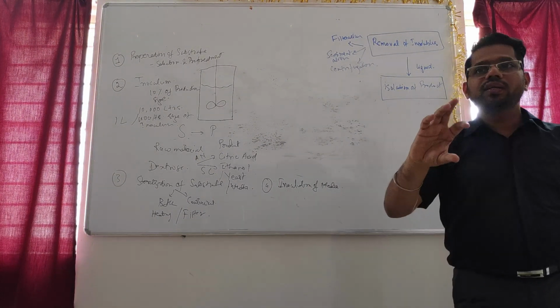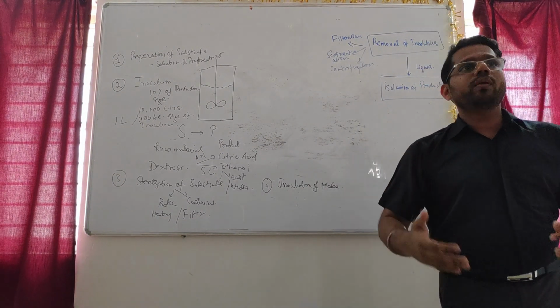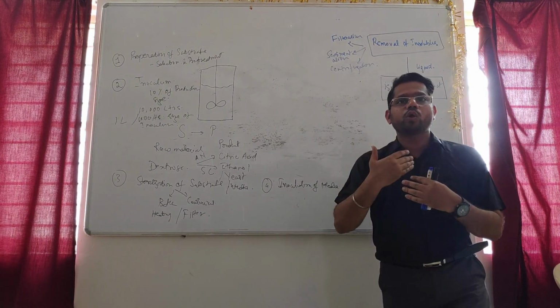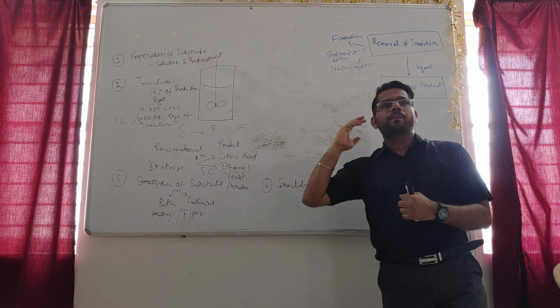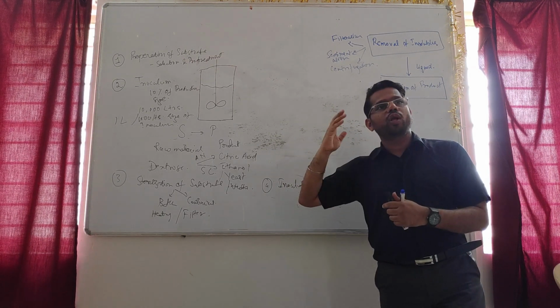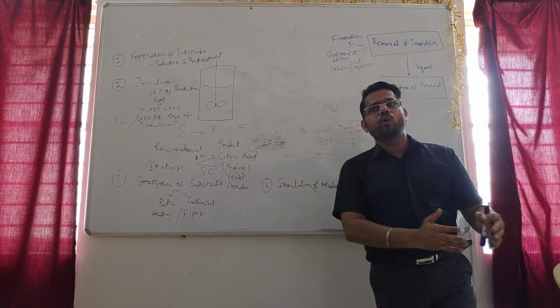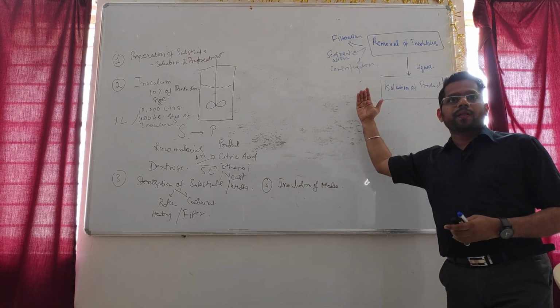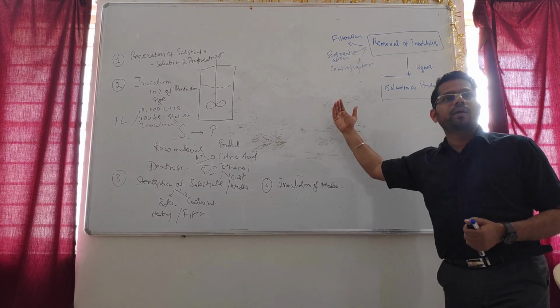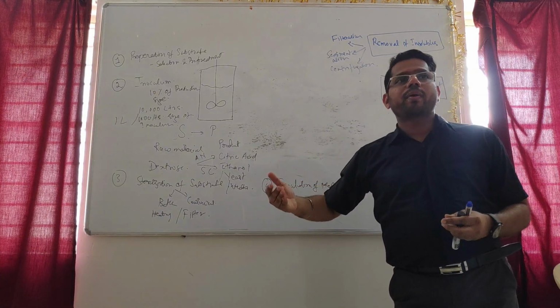Suppose you are having a yeast cell, you want to recover only proteins from the yeast cell and you want to remove the other components like ribosomes, RNA, or cell debris. If you want to eliminate other components and you want to recover only protein components, you have to use protein precipitation method. So protein precipitation can be done either by solvent or by salt.